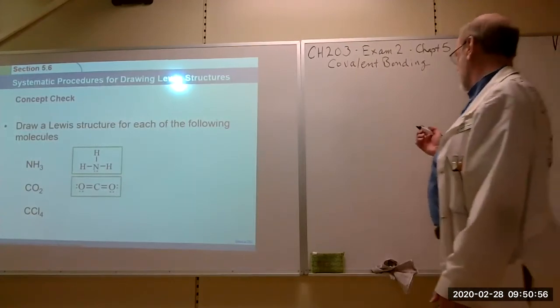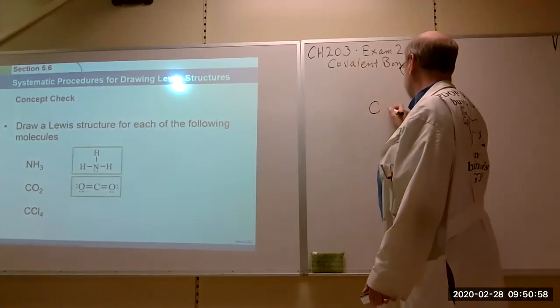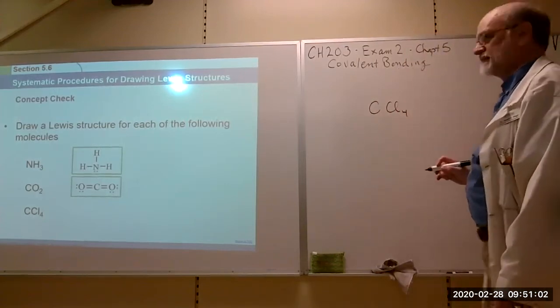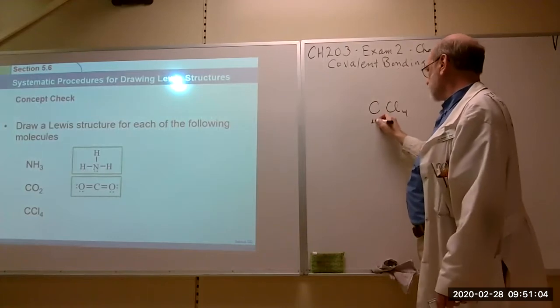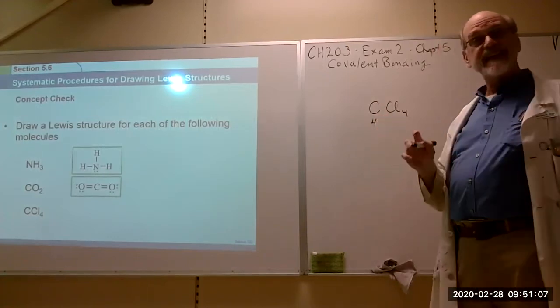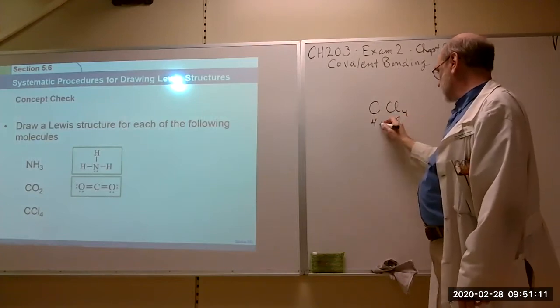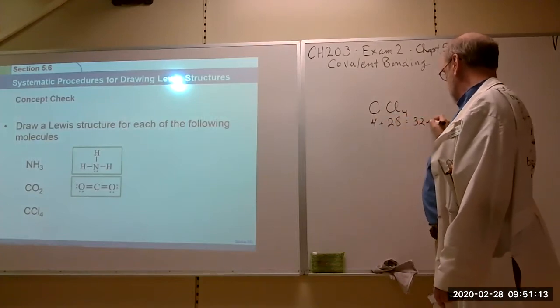How about carbon tetrachloride? So carbon has 4. Chlorine has 7 each, which is 28. So we have 32 electrons.